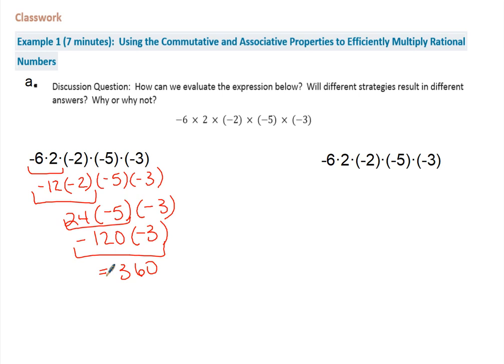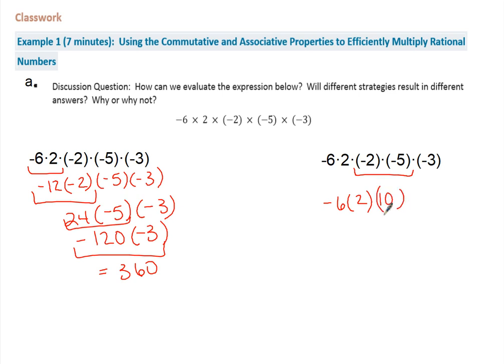Now let's go over to the other side, and instead of using the associative, at some point we're going to change. We're going to use something different, okay? So right away, I'm going to go ahead and instead do this part right in here. So as I do this, I still have my negative 6 times 2, but now I have negative 2 times a negative 5, which is a positive 10.